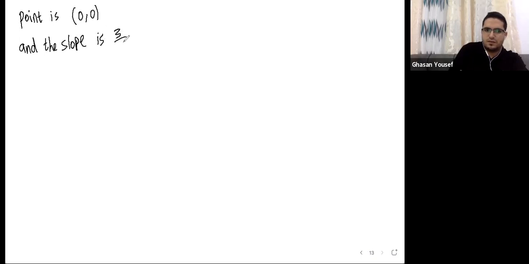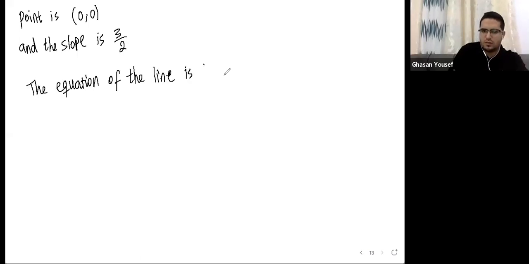So the equation of the line is y minus y1 equals the slope m times x minus x1.